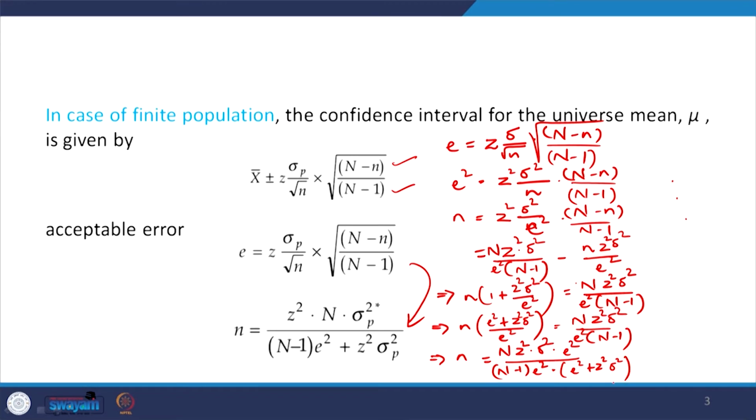So, these two are actually added. Now, what is extra added here? E squared is actually added.